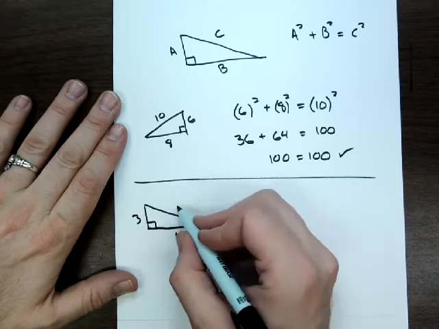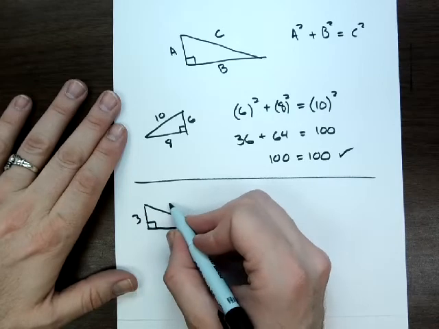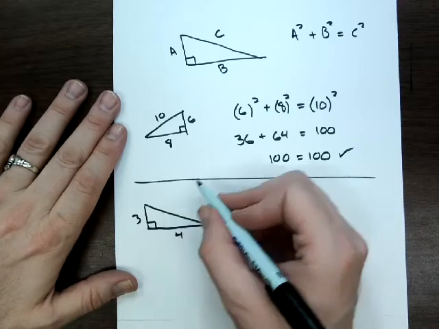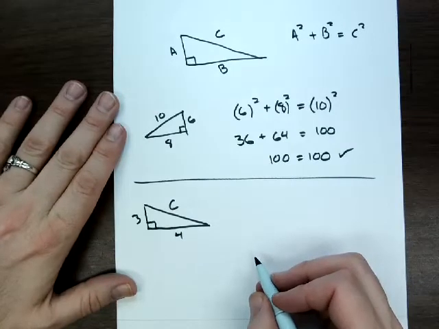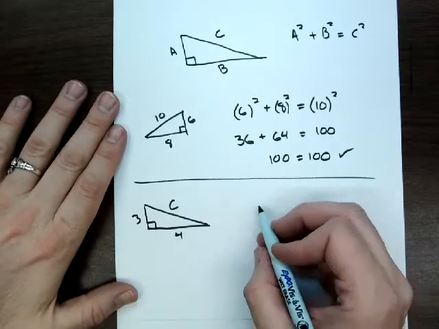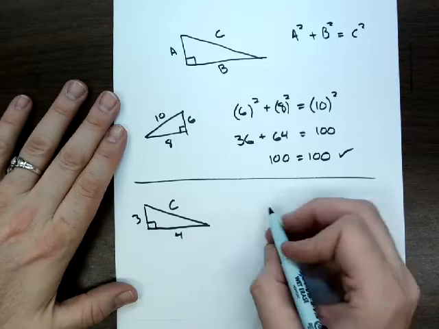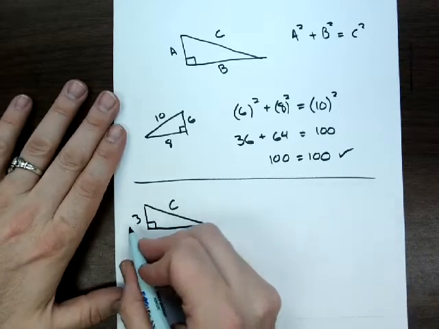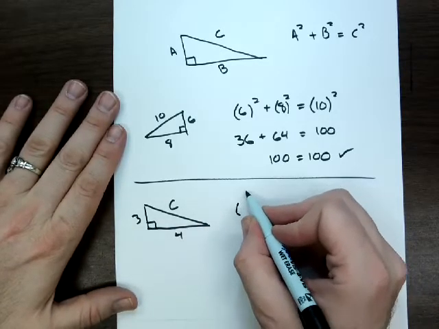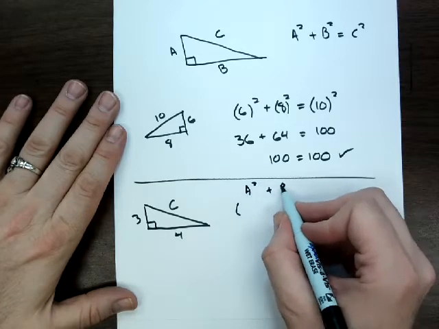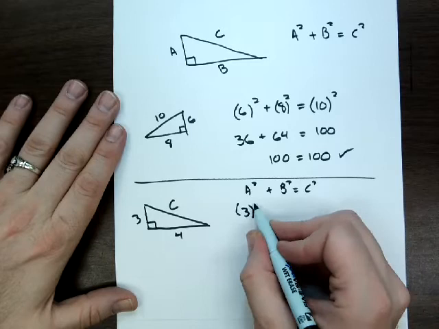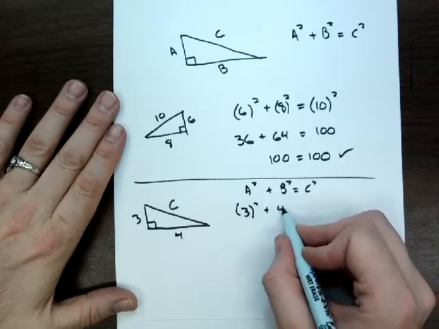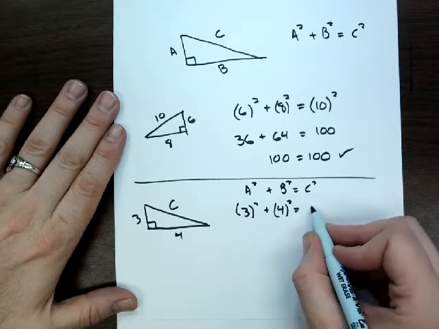I'll just call this last side C. Well, I already know that a squared plus b squared is equal to c squared. So this is going to be 3 squared plus 4 squared is equal to c squared.